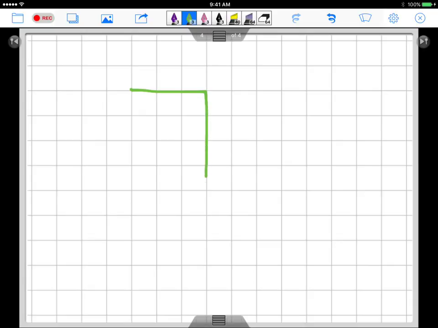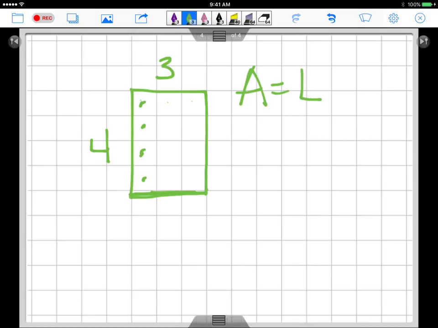First of all, this right here. And again, let's act like that's perfect. So we have 1, 2, 3 across. We have 1, 2, 3, 4 down. So the area equals length times width. So the area is the length, which is 4, times width, which is 3.